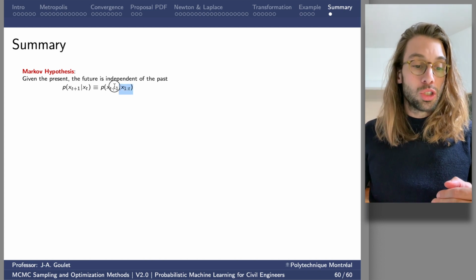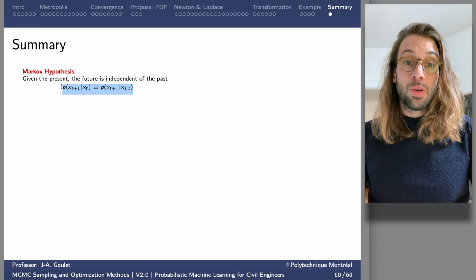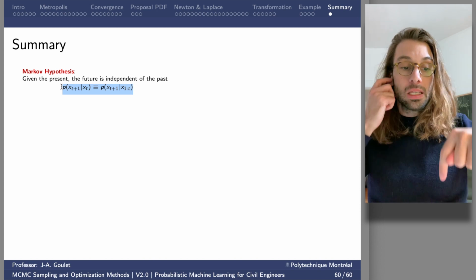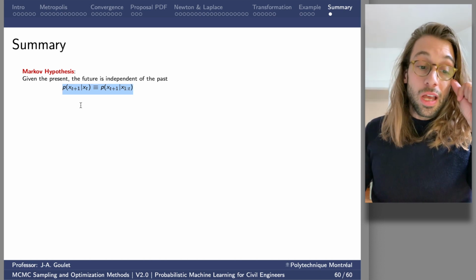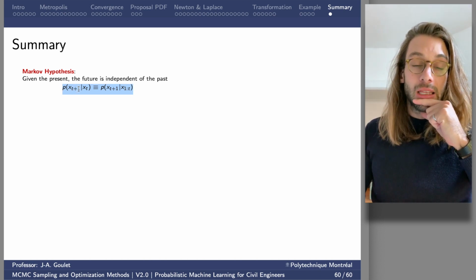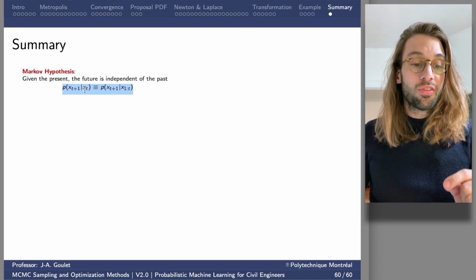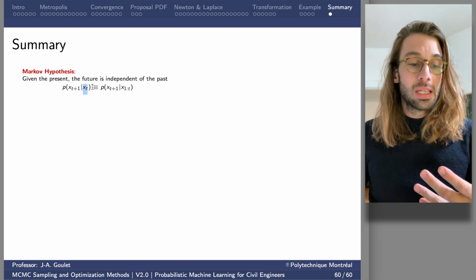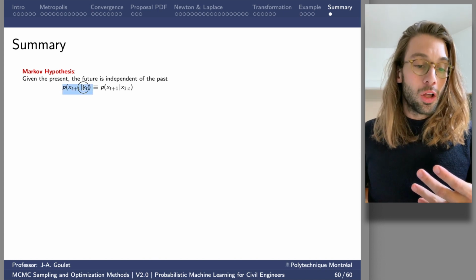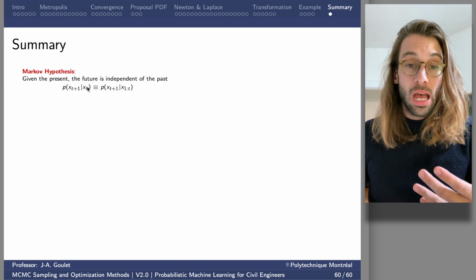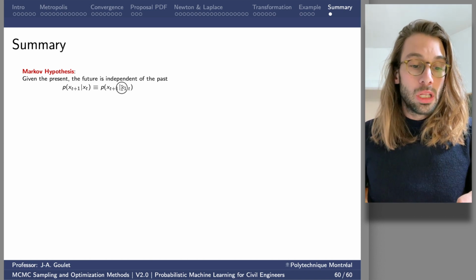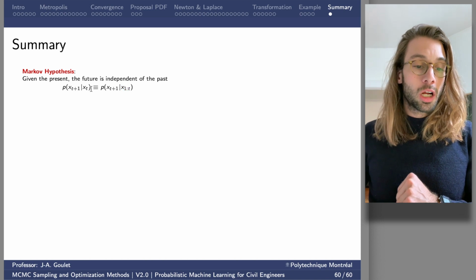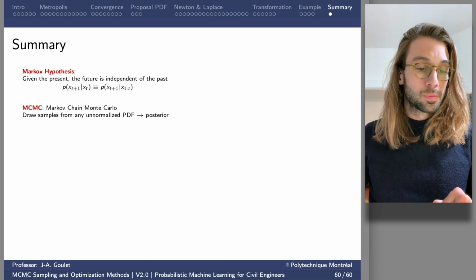That allows us to define a transition model that allows us to step from step to step in the space, so that the probability of moving to a new location x at t plus 1 is only a function of xt, because we assume from the Markov hypothesis that this dependency on the current time step is equivalent to the dependency on all the previous time steps, okay? This is what the Markov hypothesis allows us to do.